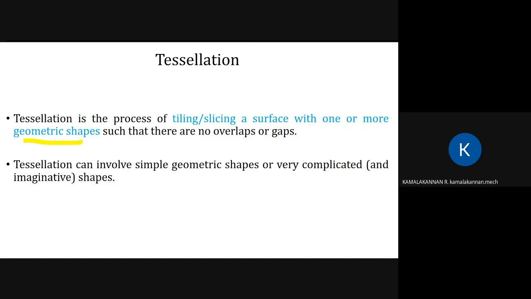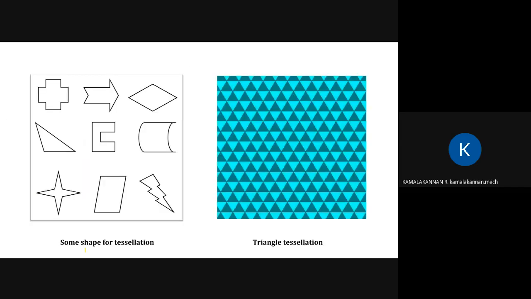It might be of any shape, which means it's not necessarily a regular shape. Any type of shape, any different shapes. These are some shapes of tessellation. It doesn't need any particular shape; any shape can be used.